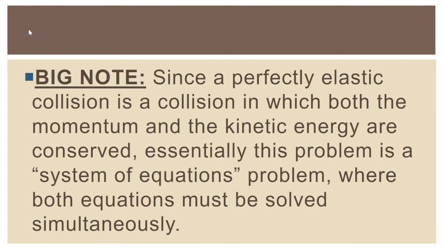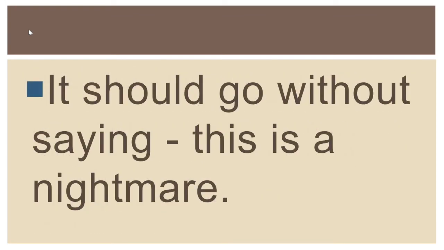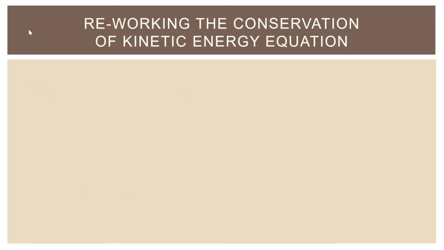And so it should go without saying, this is a nightmare. These equations are big, they're long, they're disgusting. This is a mess. And so what we're going to do, because we're smart and we know math, is we're going to rework the equation for conservation of kinetic energy to get it into a form that is a bit more manageable.